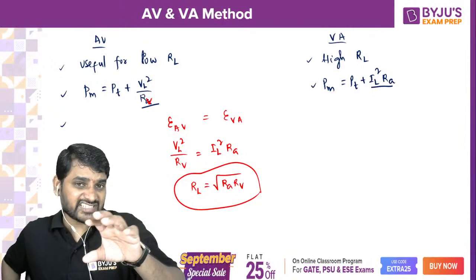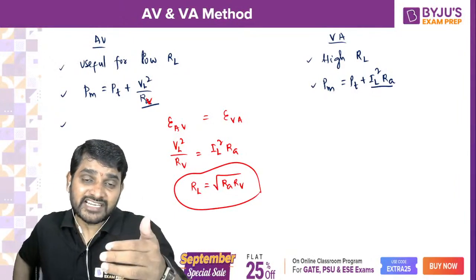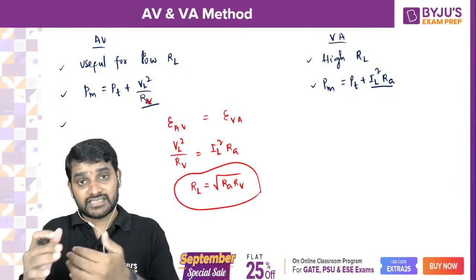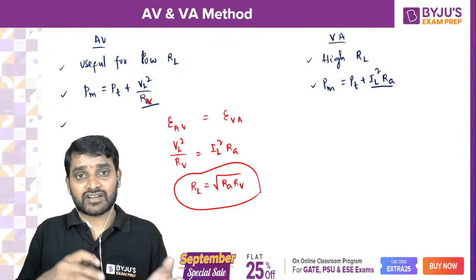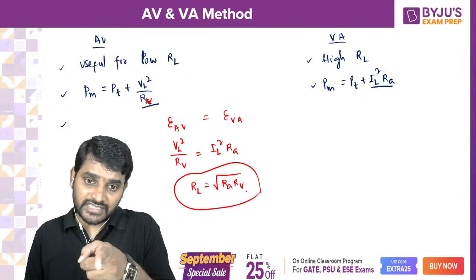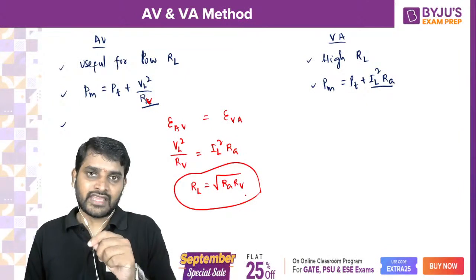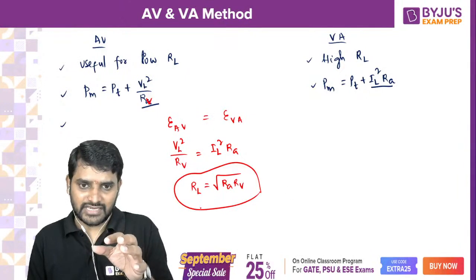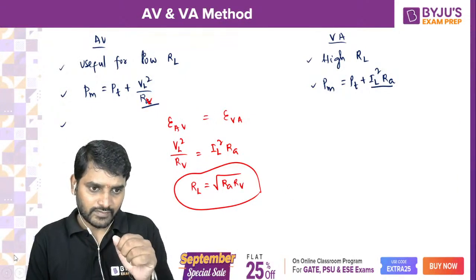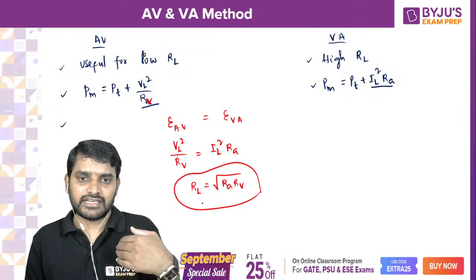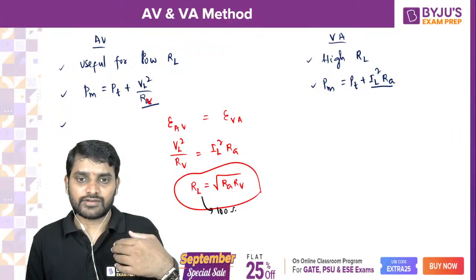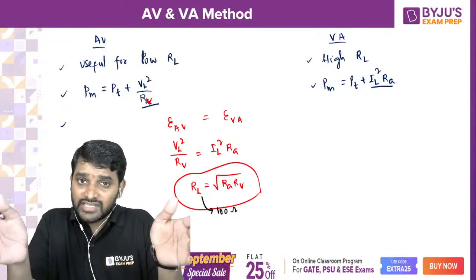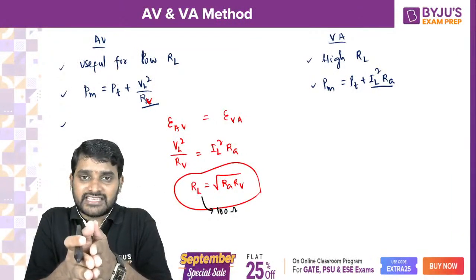They'll give you some test resistance. They'll ask you which method is better to measure the test resistance, whether AV method is better or VA method is better. So this will decide. Let us assume I have got RL is equal to 100 ohms. This is the threshold point, I can say. So at this point, both the methods will give the errors as same.